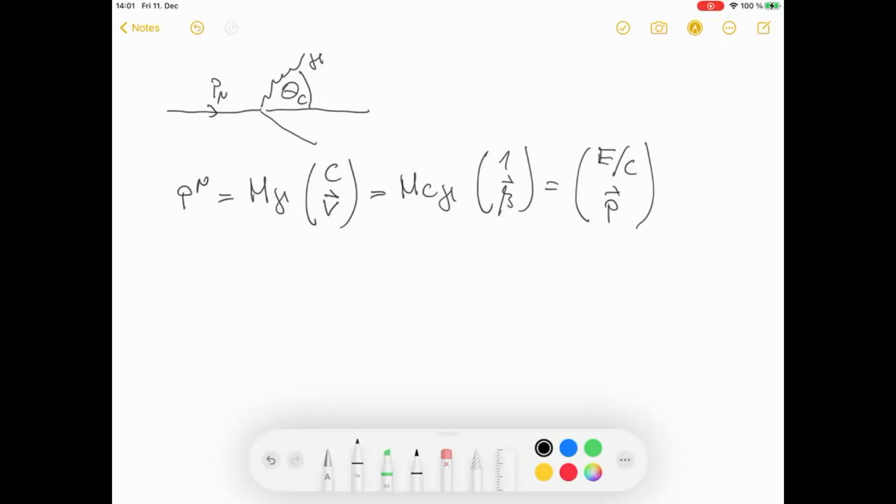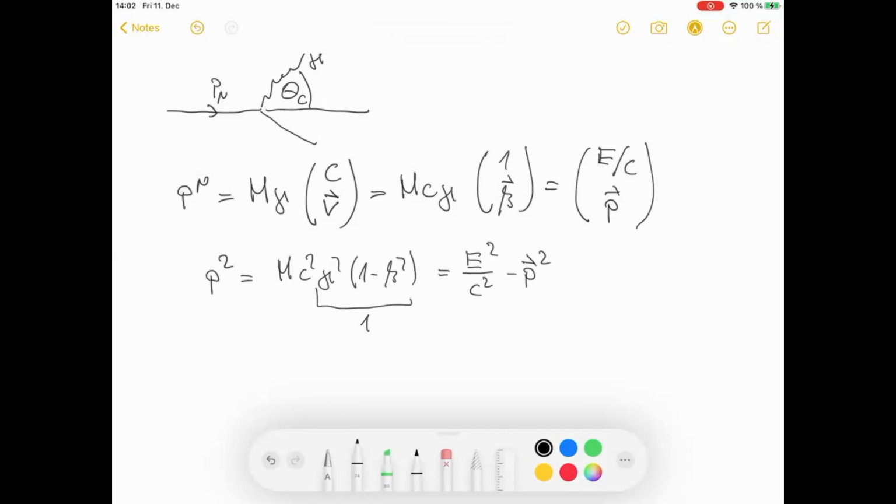And we can compute p squared. That's of course m squared c squared gamma squared times (1 minus beta squared). This is 1. I'm repeating here what we already discussed, and that equals E squared over c squared minus p vector squared. Nothing new has happened so far.